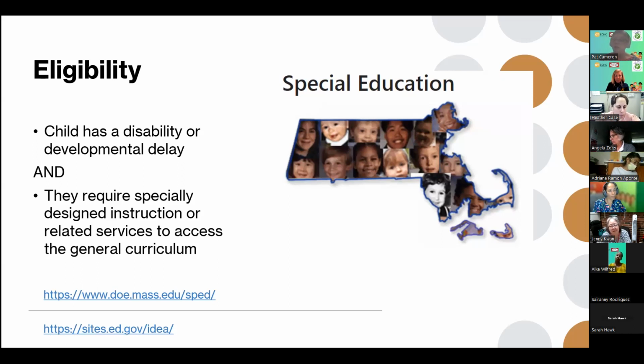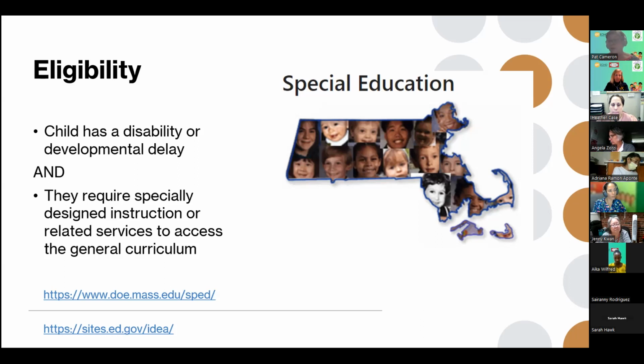Eligibility for special education is based on the fact that the child may have a disability. The category for developmental delay still exists and is an eligibility criteria for those kids up to age 8. Past age 8, they really need to be looking at assessments that hone in on the child's particular disability category.